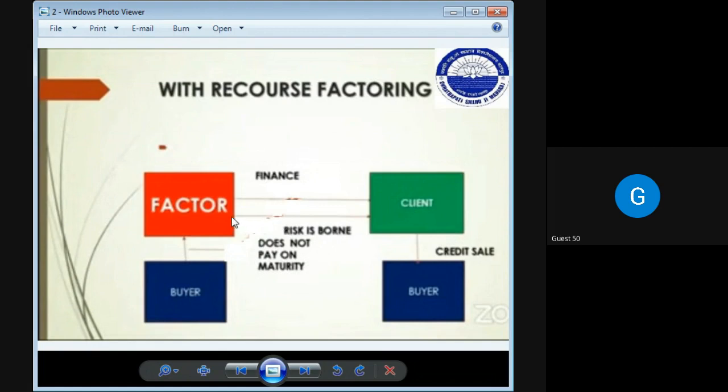Now here, as you can see, the buyer pays the value to the factor, and then the factor will recover the fund from the payment.